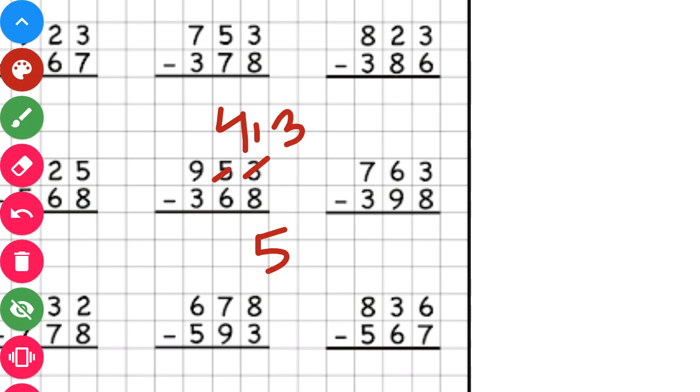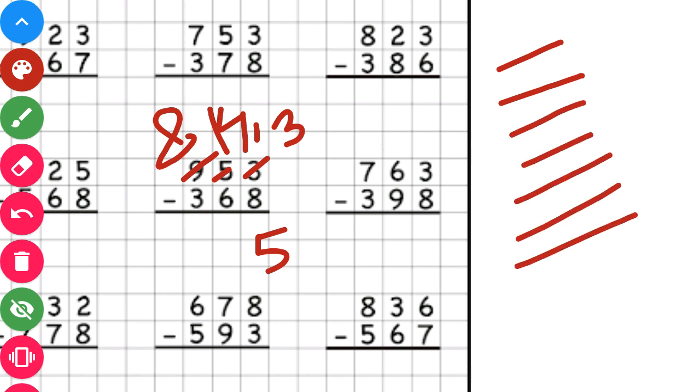Now at the tens place we have to subtract 6 from 4, which is again not possible. So this 4 will take a borrow and become 14 and our 9 will become 8. So count after 6 to get 14: 7, 8, 9, 10, 11, 12, 13, 14. 1, 2, 3, 4, 5, 6, 7, 8.